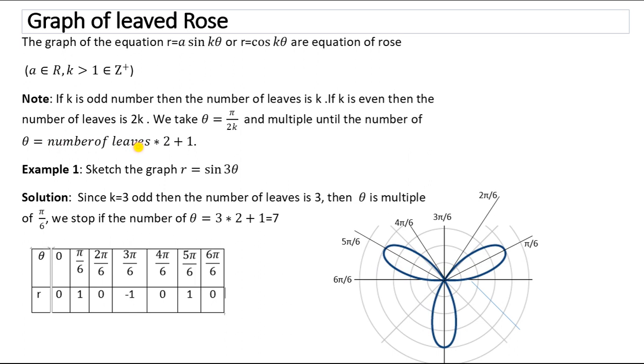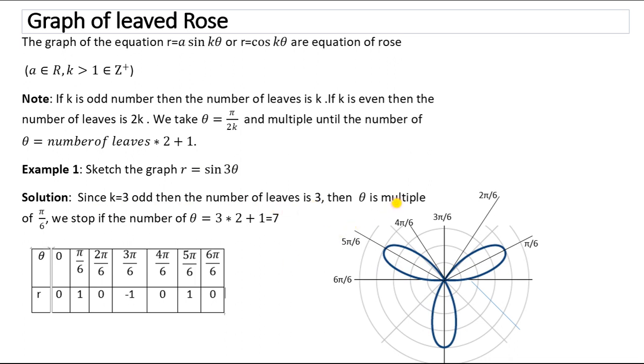Example 1. Sketch the graph r equals sine 3 theta. I see k is greater than 1, thus this equation is a rose. Since k is 3, an odd number, the number of leaves is 3.